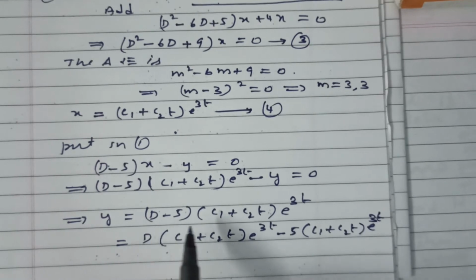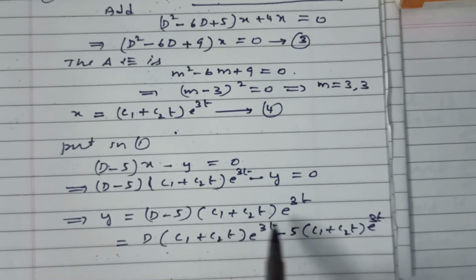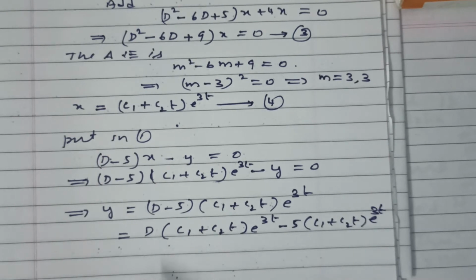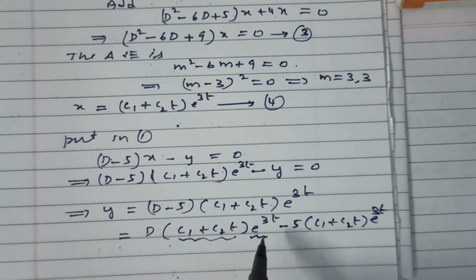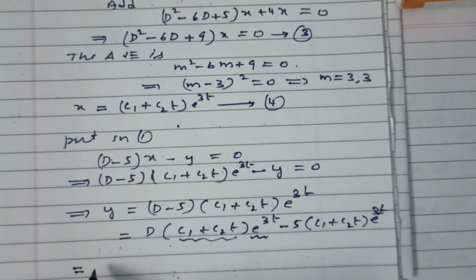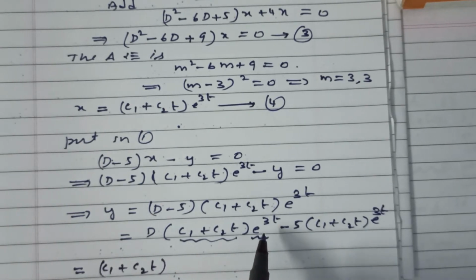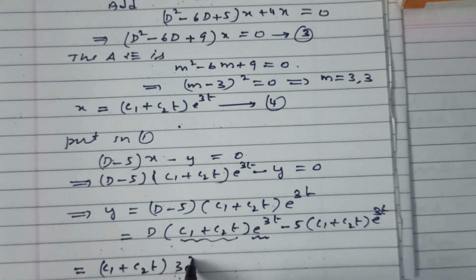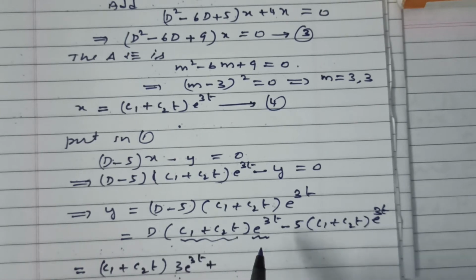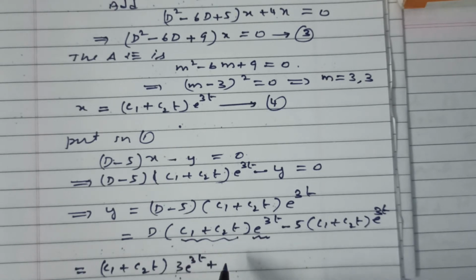Separately, D of this term minus 5 into the same term is equal to, you can differentiate by the UV method, (c1 plus c2t) is constant into e power 3t can be differentiated. It is 3 e power 3t plus, e power 3t is constant, the bracket can be differentiated, it is c2 e power 3t.